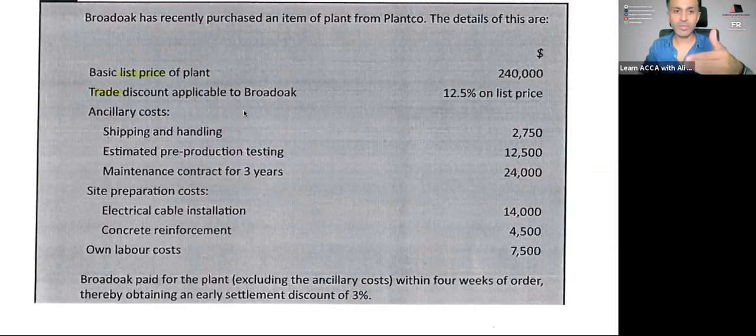The breakup of that shows electrical cable installation, concrete reinforcement, own labor cost. Broaddock paid for the plant, excluding the ancillary cost, within 4 weeks of the order, thereby obtaining a settlement discount. See the word settlement discount of 3% within the 4 weeks, and they have obtained.